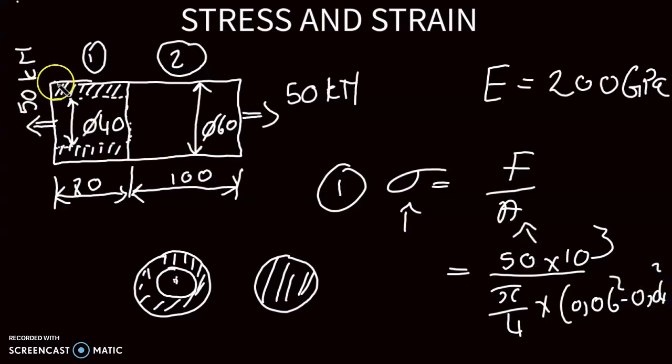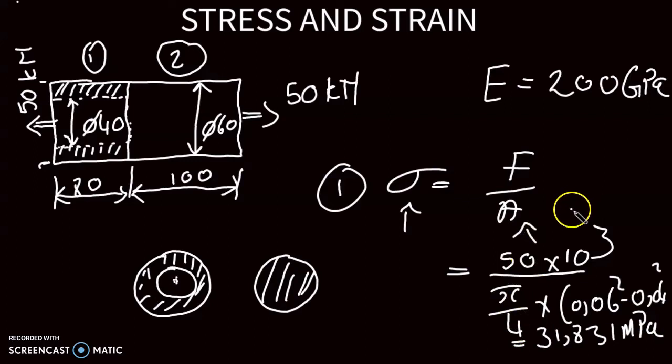We are calculating for the area of this circle and minusing the hole. And then I got that our answer here is equal to 31.831 megapascal.